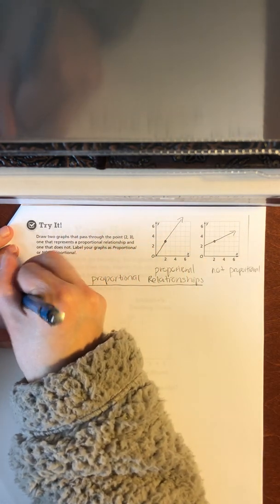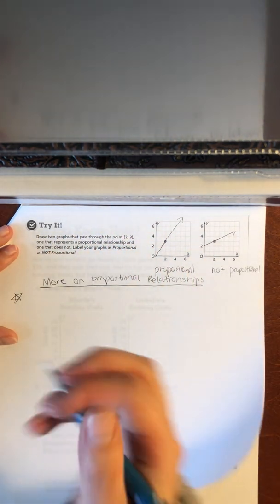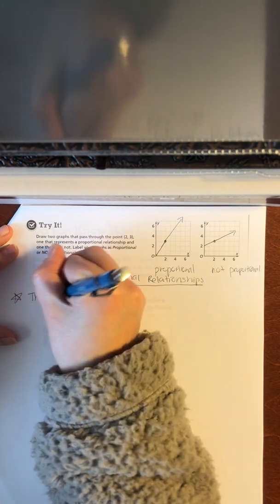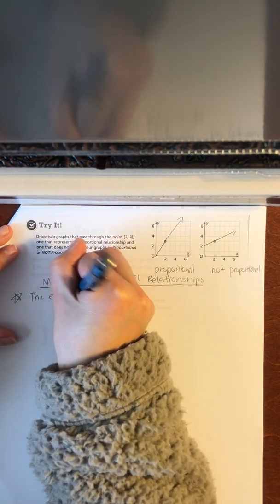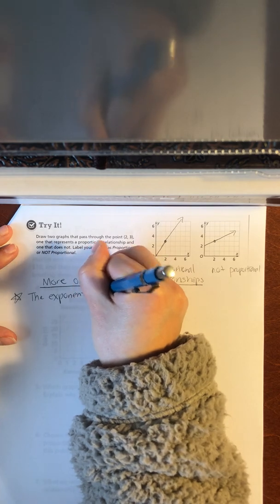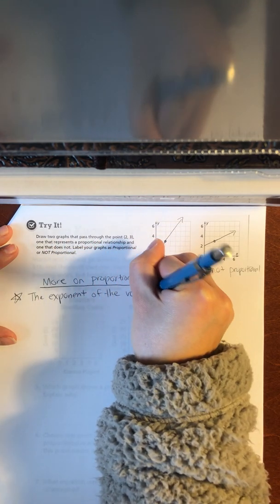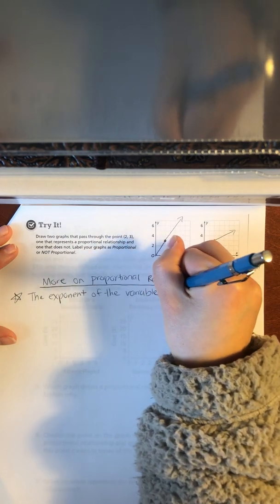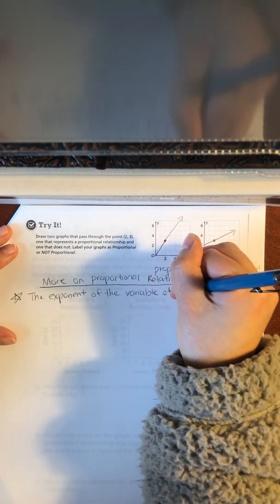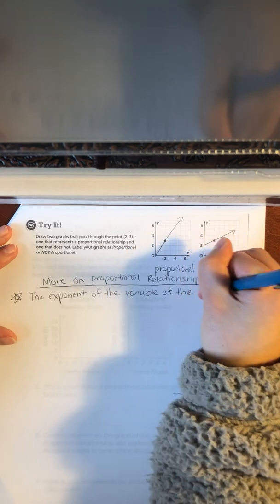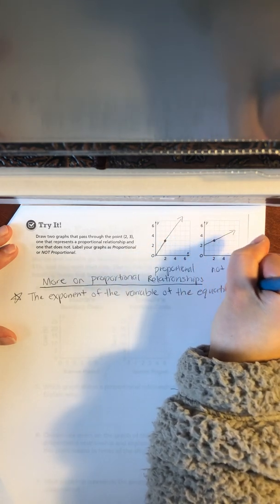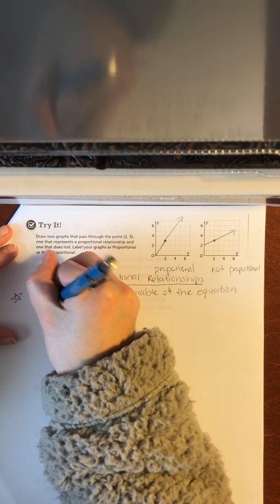Okay, so something that the book did not go over that I want you to know is that the exponent of the variable of the equation must be 1.